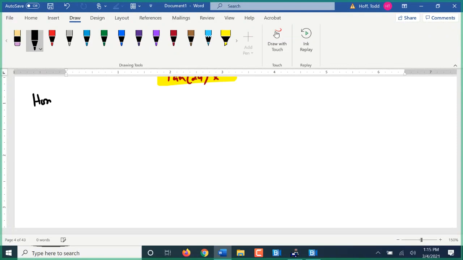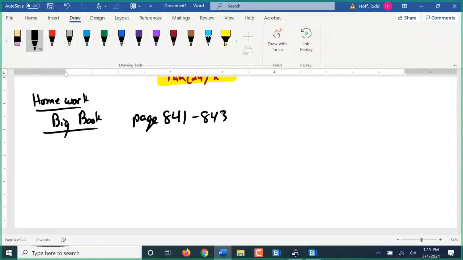So your homework is out of the big book. Page 841 to 843, exercise 33-2. This is our basic trig functions.